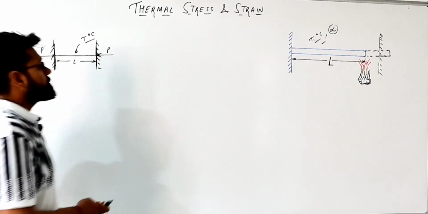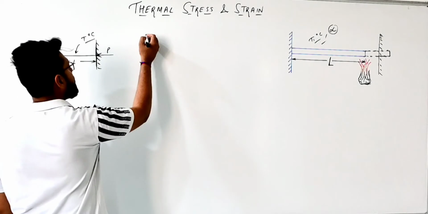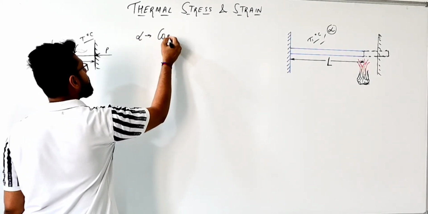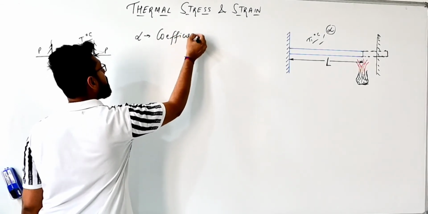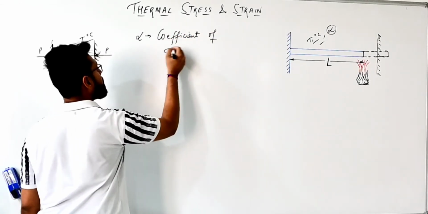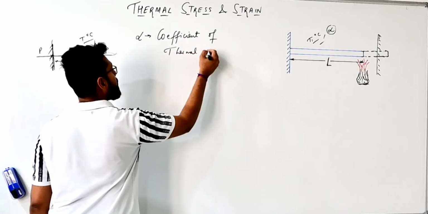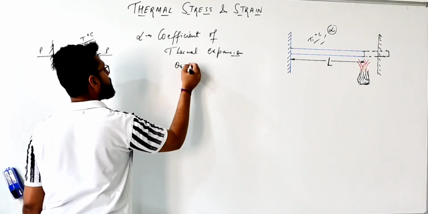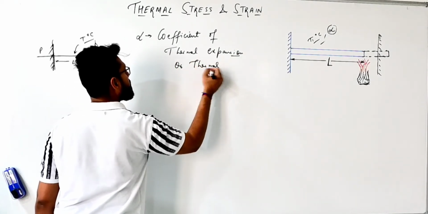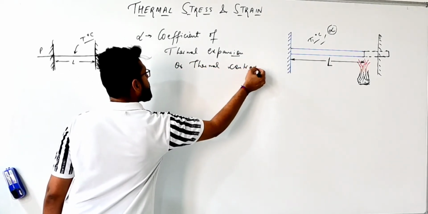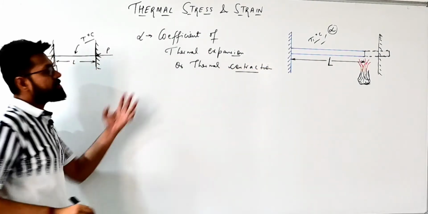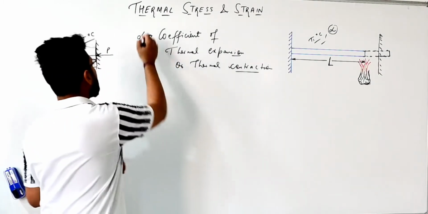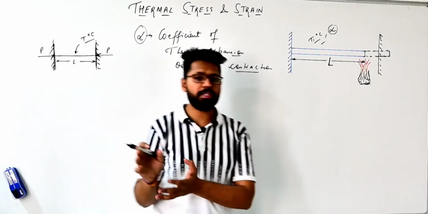Okay students, here alpha is our coefficient of thermal expansion, or we can say thermal contraction. Alpha is sensitive to temperature variation.